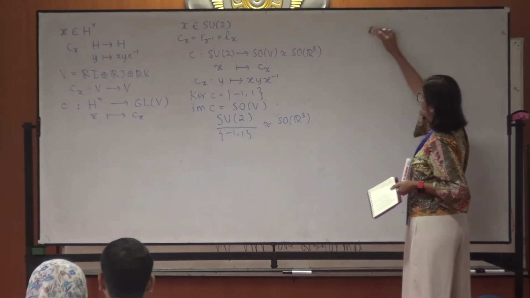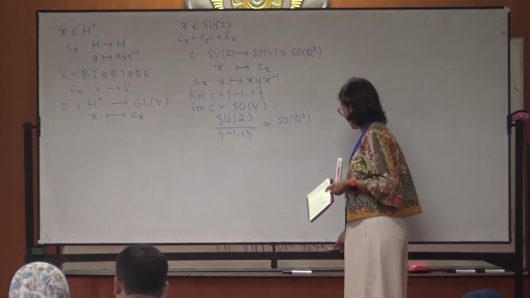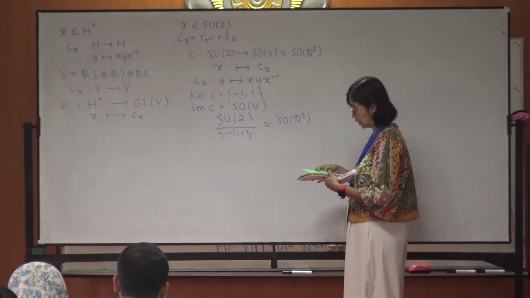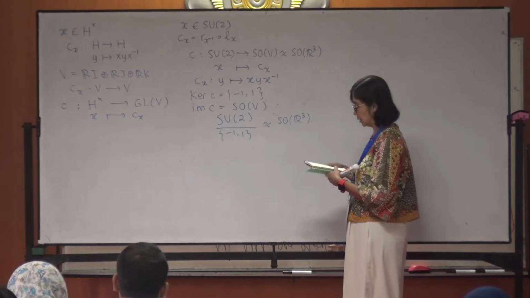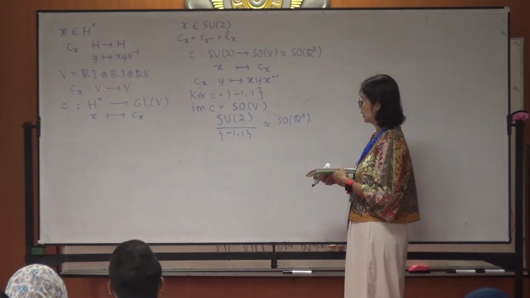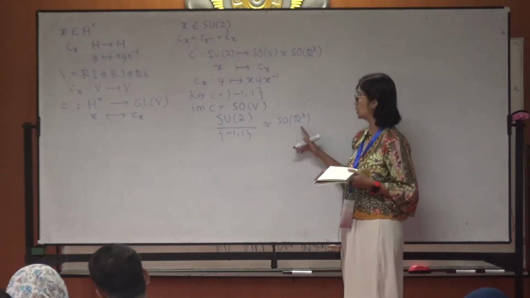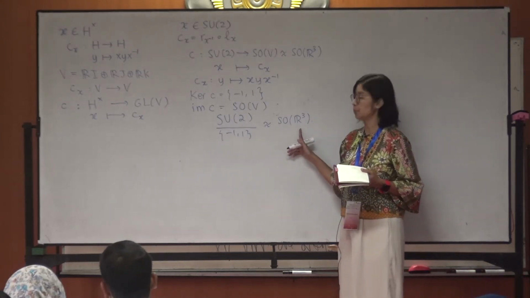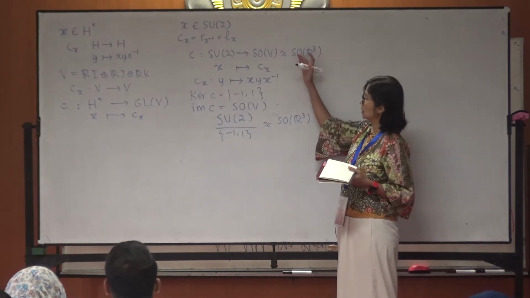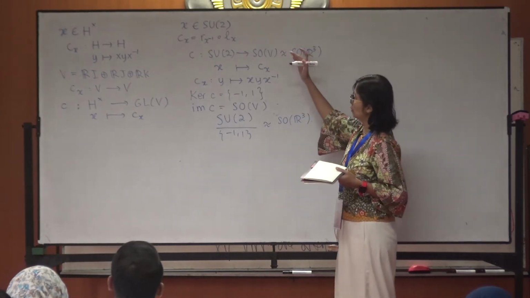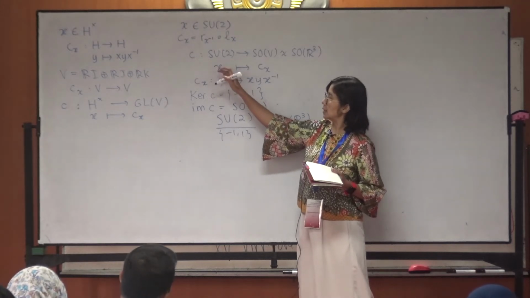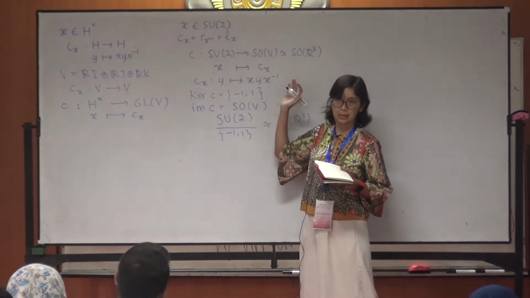And now we start with this. I will not go too much into detail on this. I will just give the generators of this SO3, and then, taking a generator, we try to find X such that this X will go to that generator.